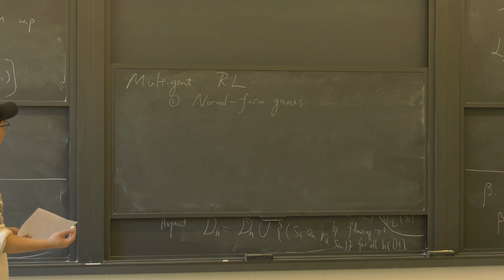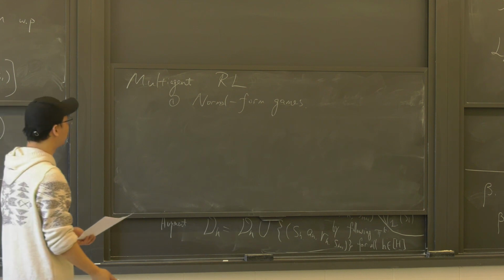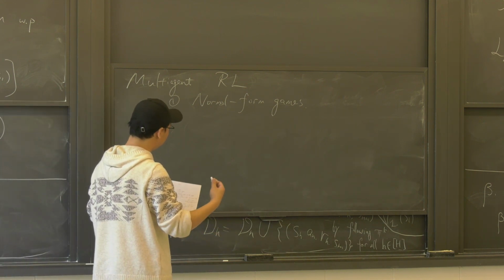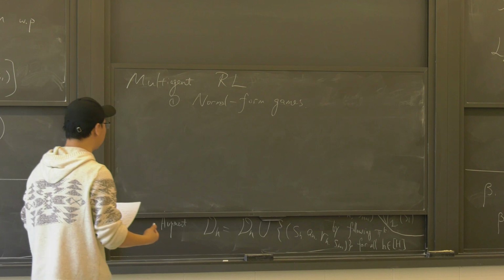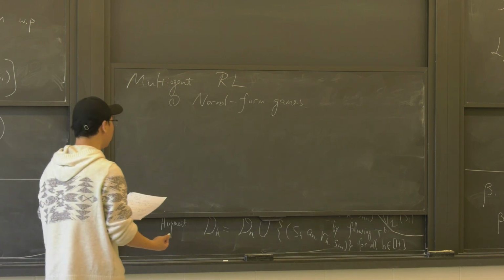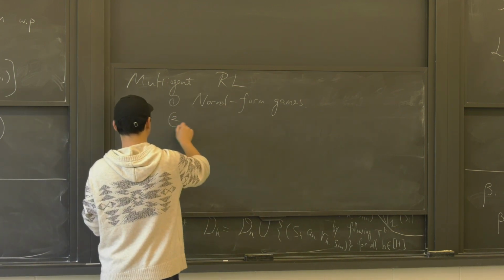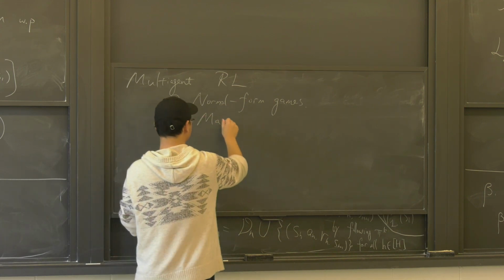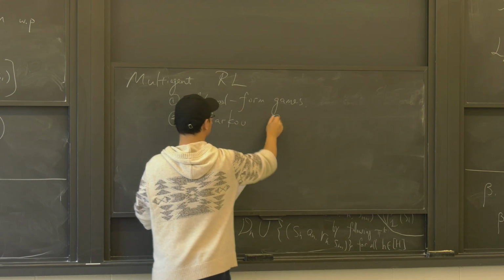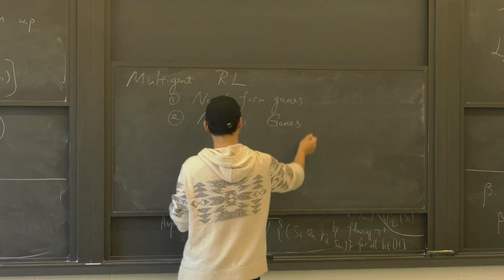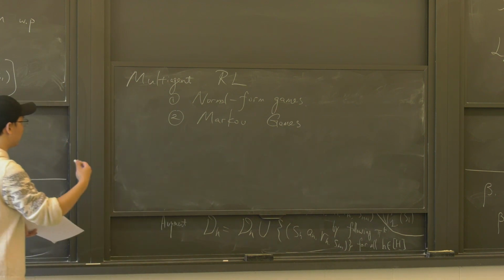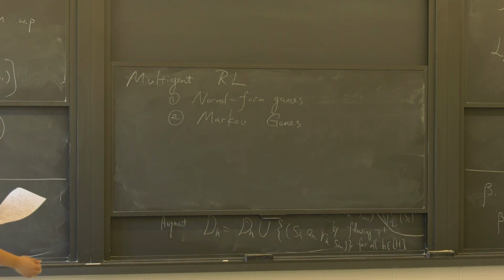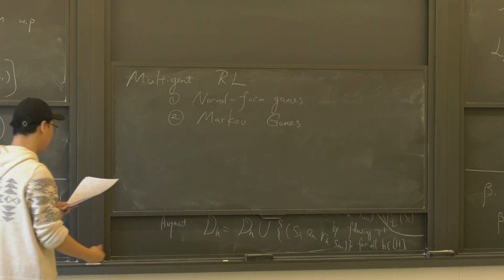Bandits are a simpler version of MDP without any state and transition. So a normal form game is a basic version of the games we're going to study in this class, without any states and transition. This is the basic form of games. And then the counterpart of the Markov decision process would be the Markov game. This is the final thing we're going to study in this class, essentially extending the MDP's Markov structure to the gaming scenario.